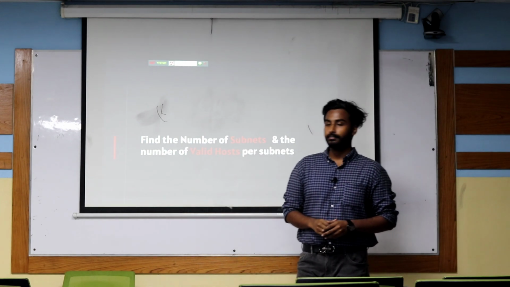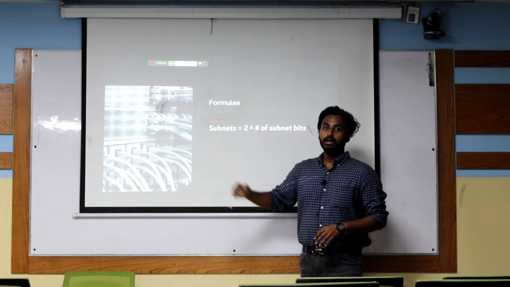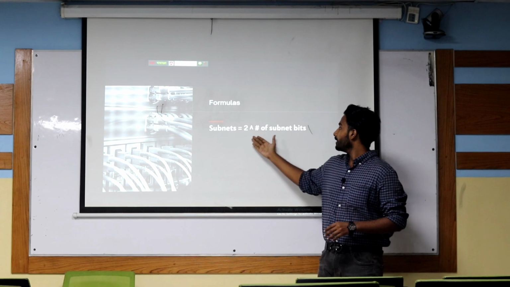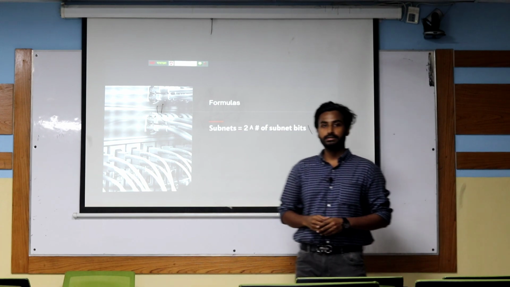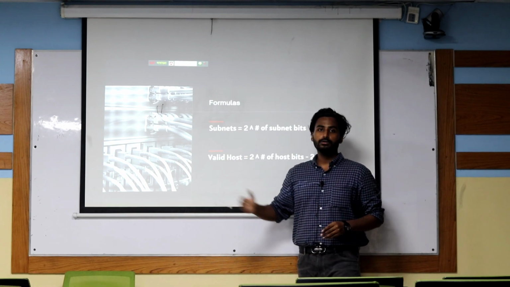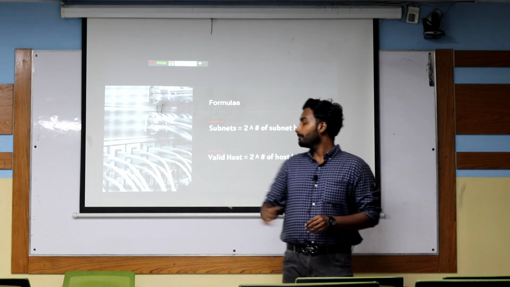So talking about the formulas, the first formula determines the number of subnets. The number of subnets will be 2 to the power of the number of subnet bits in the subnet mask. The second formula is that the number of valid hosts will be 2 to the power of the number of host bits in the subnet mask, minus 2.